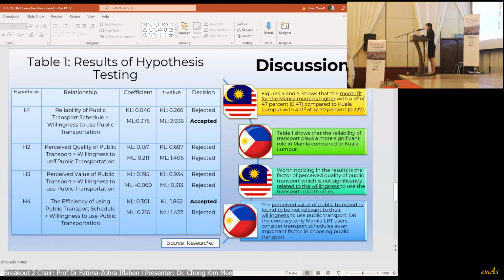Worth noticing in the result is that the perceived quality of public transport is not significantly related to the willingness, and the perceived value of public transport is also not relevant to the willingness to use public transport. In contrast, Manila LRT users consider the transport schedule an important factor in using public transport.